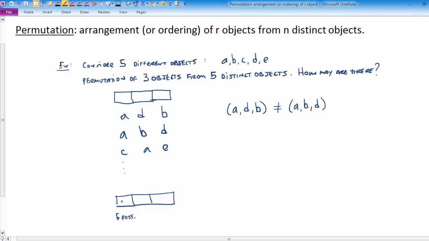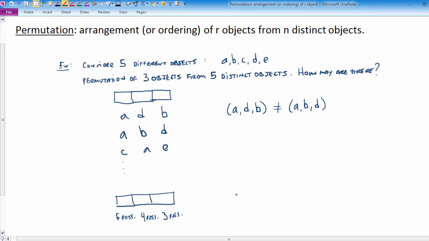Then since we use one object here, that object cannot be repeated. So the second slot, we have 4 possibilities. Once we have one object here and one there, then we can't repeat any of those 2. So we have fewer possibilities. Therefore, for the third slot, we have 3 possibilities.